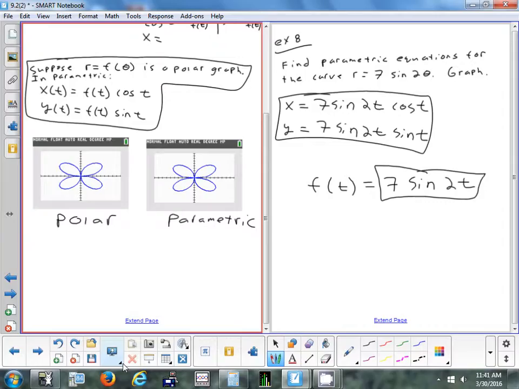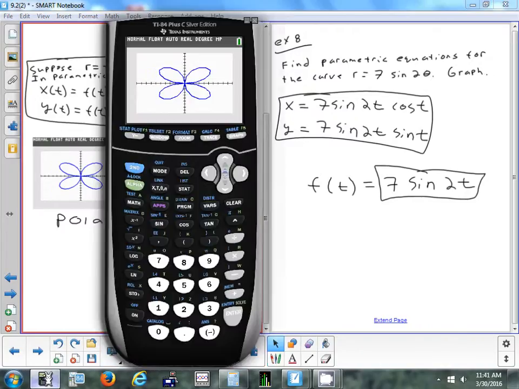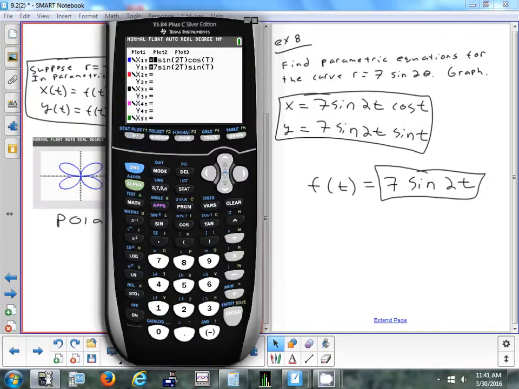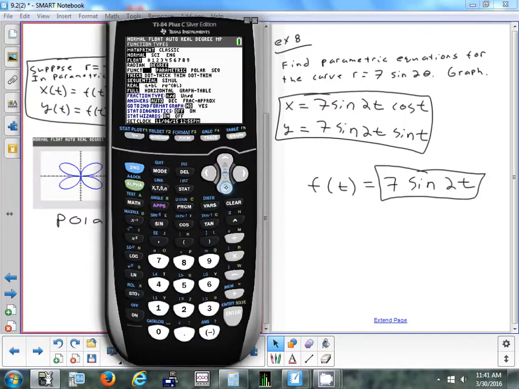Any questions on how to change a polar graph to parametric? Just change theta to t, multiply by cosine to get the horizontal, multiply by sine to get your vertical. Hey, let's look at the picture a little more, and let's look at it in polar. It's just quicker for me to change things because it's a smaller equation.